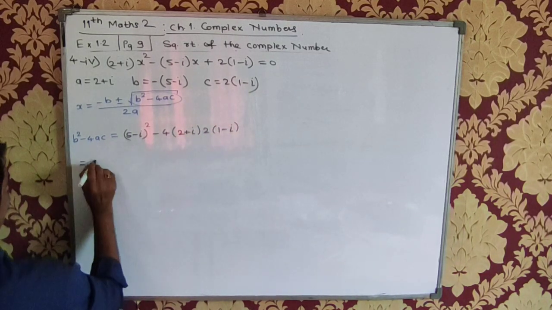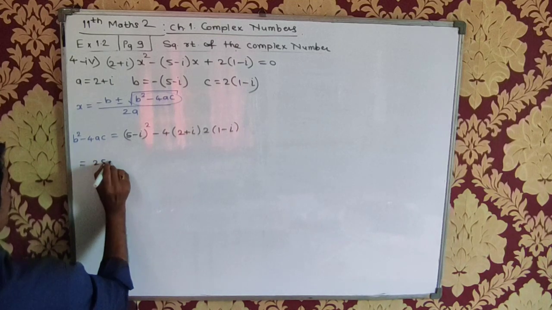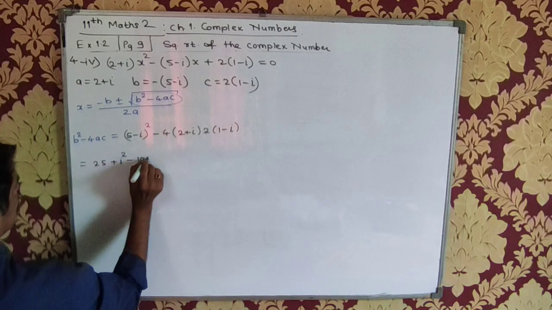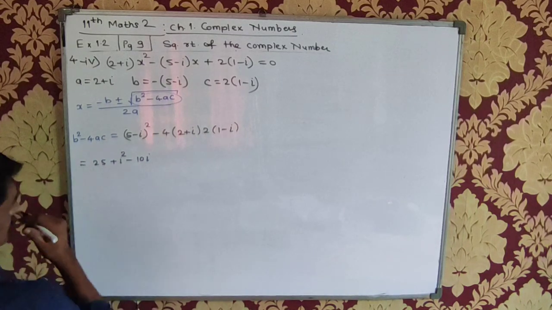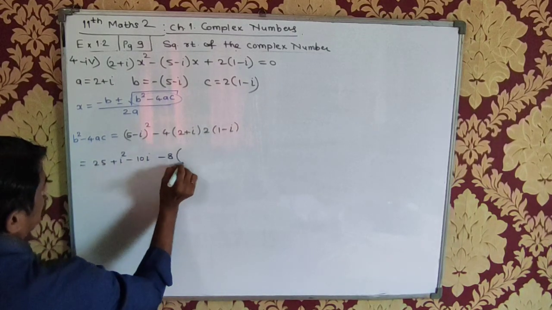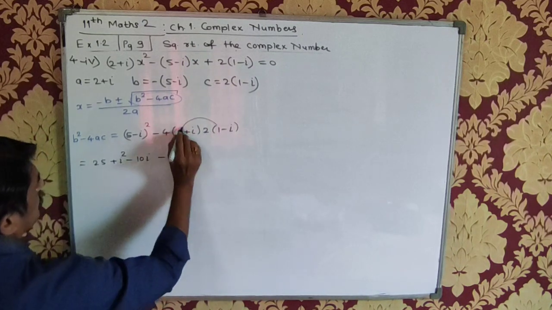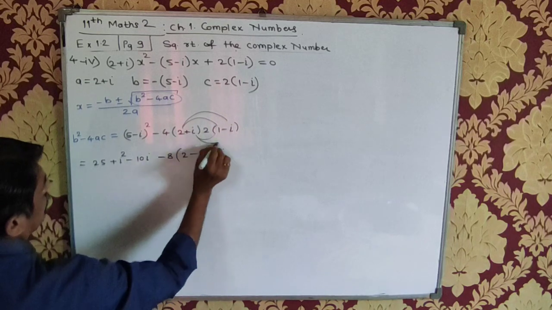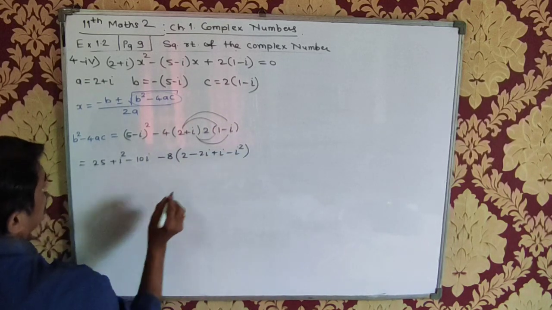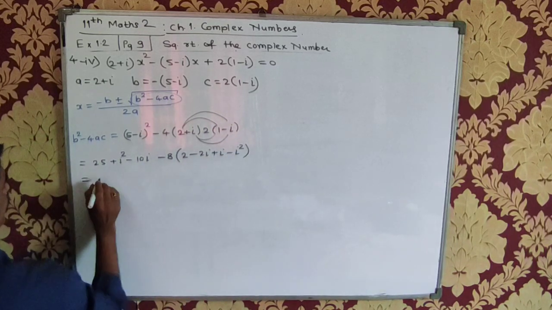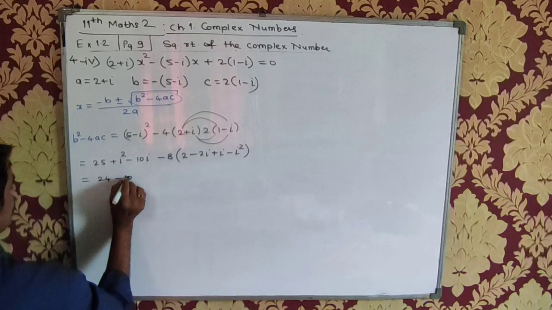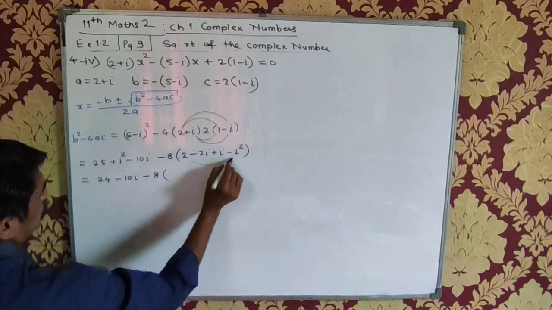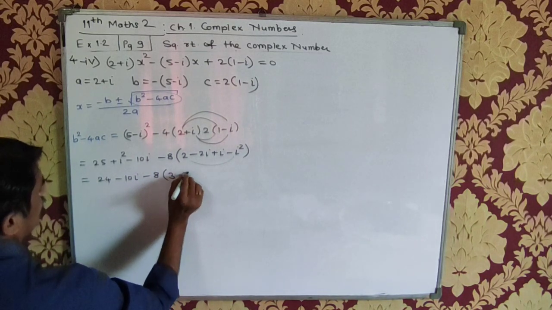That is equal to 25 plus i square minus 10i, minus 8 into (2 minus 2i plus i minus i square). 25 minus 1 is 24 minus 10i, minus 8 inside the bracket, 2 plus 1, 3 minus i.